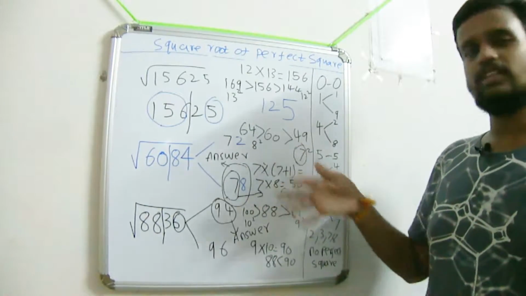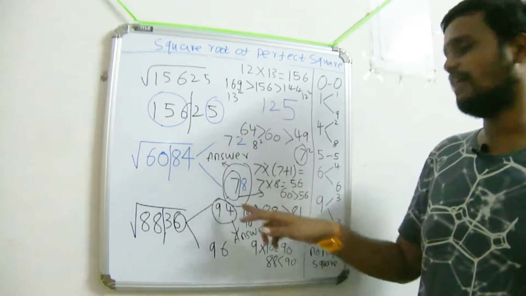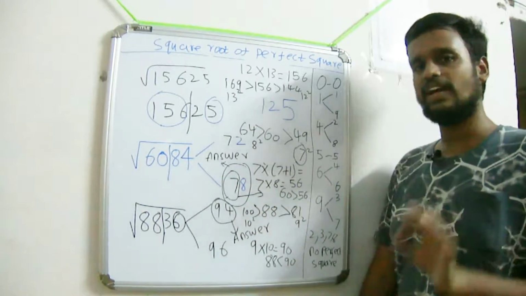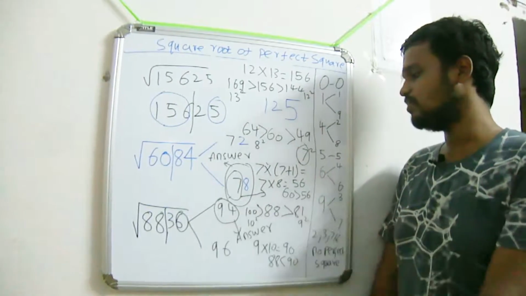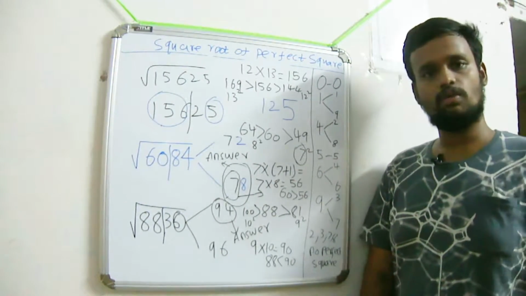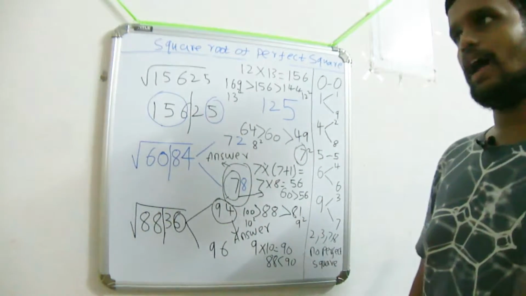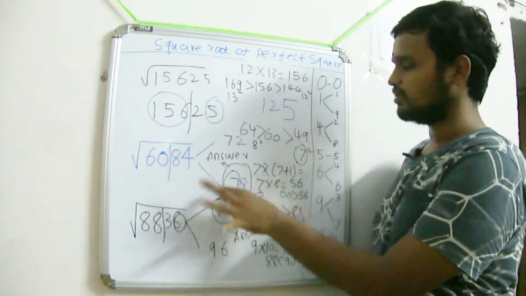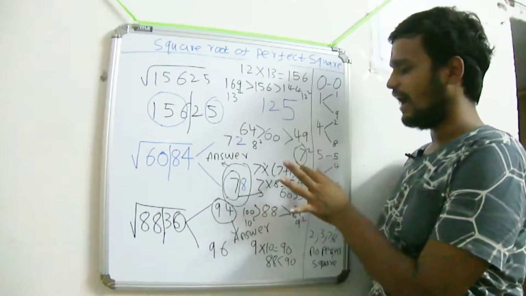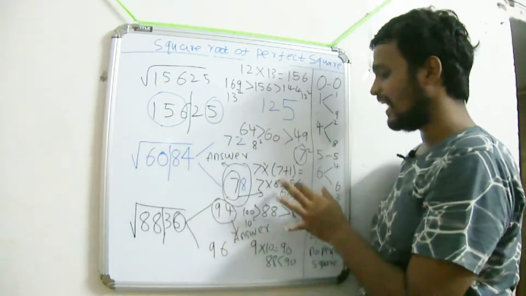From this example, let us see that here the starting number is 7. So what you have to do is 7 into 7 plus 1, which is 7 into 8, giving 56. Okay, so it's clear. Now the number given in front here, that is 60, is greater than 56.